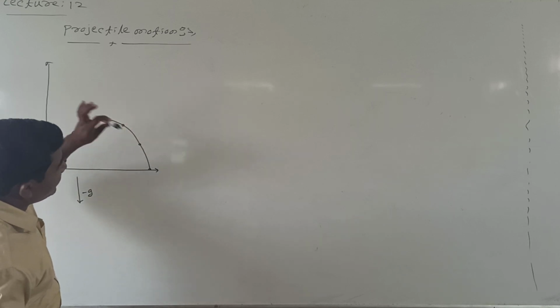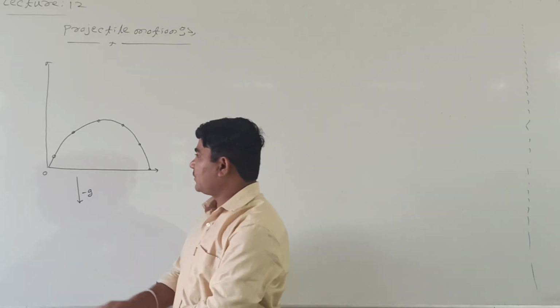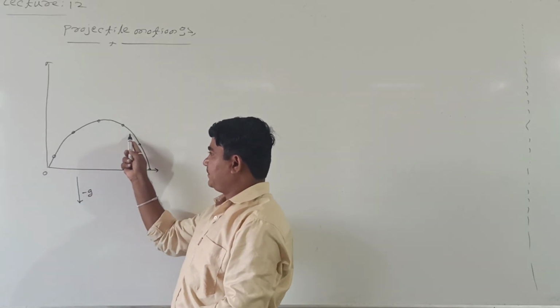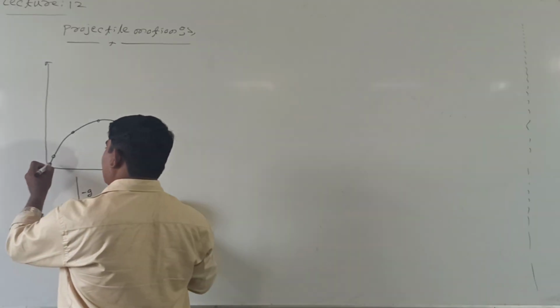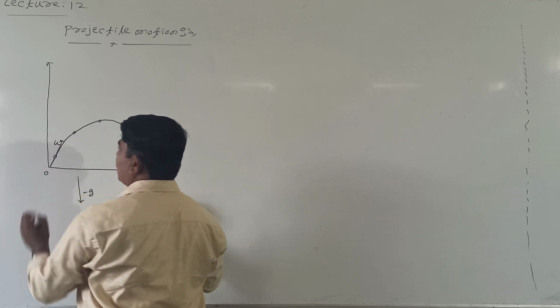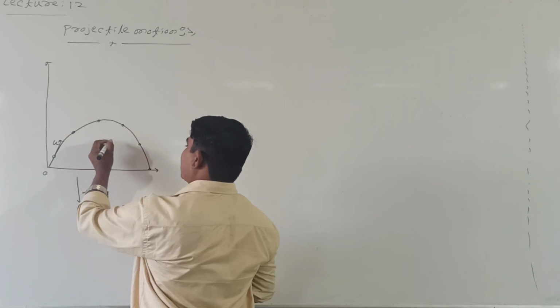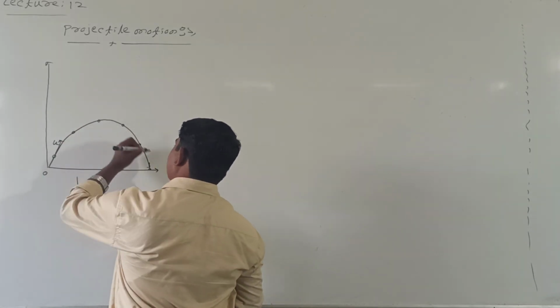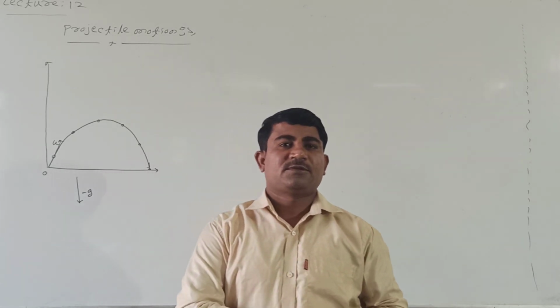The object moves with initial velocity u, and it reaches the same point with the same velocity with which it was projected. This we are calling projectile motion.